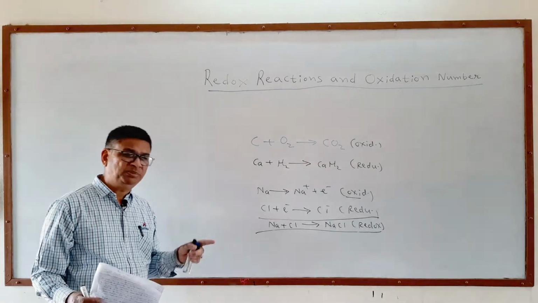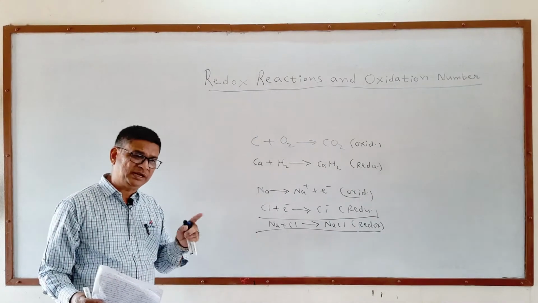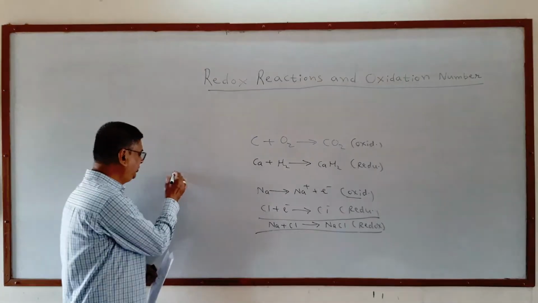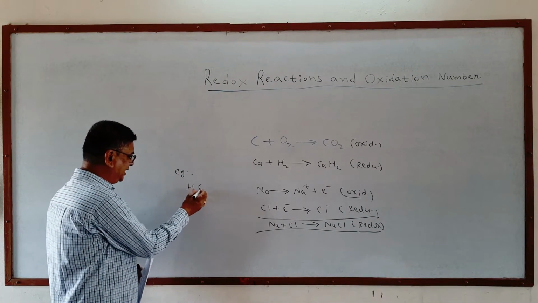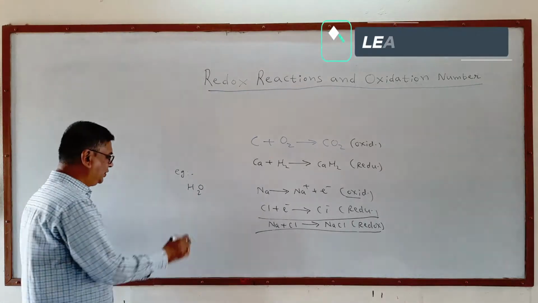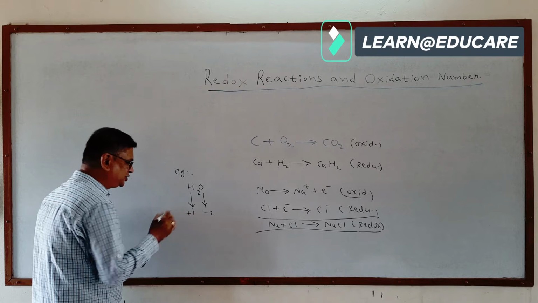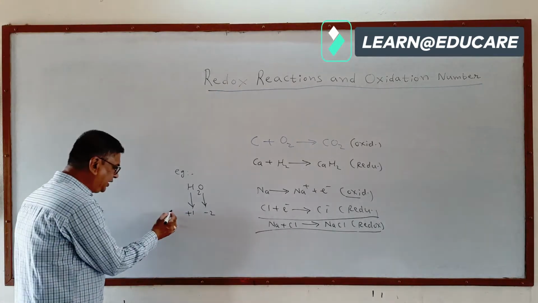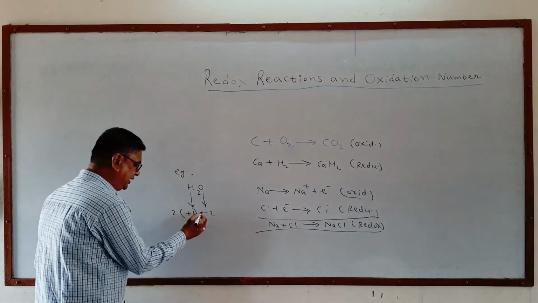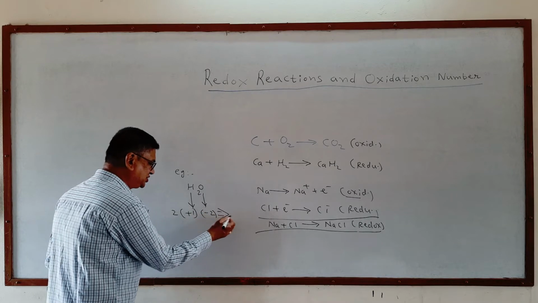Now that molecule may be of a compound or of an element. For example, take water, H2O. In water, the oxidation number of oxygen is -2 and that of hydrogen is +1. There are two hydrogens, therefore 2 into +1 and oxygen -2, can you see this sum is 0.